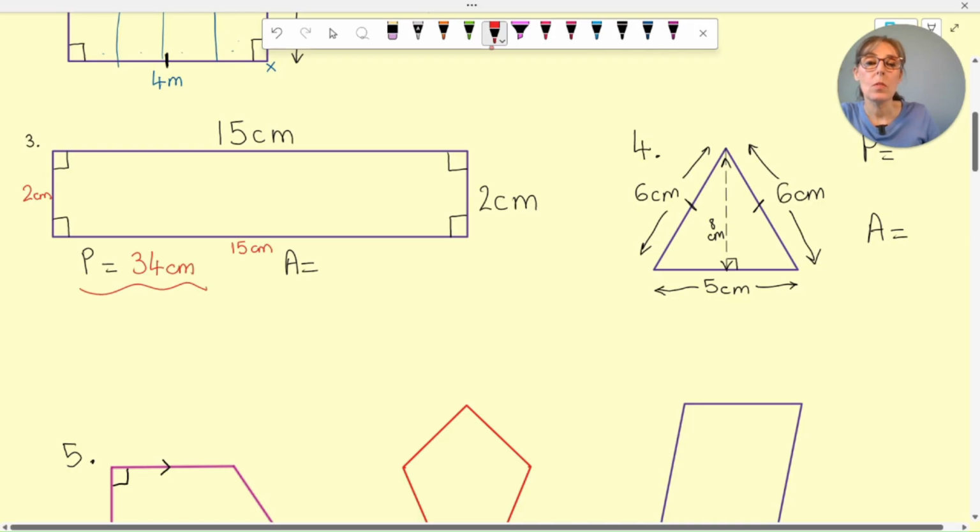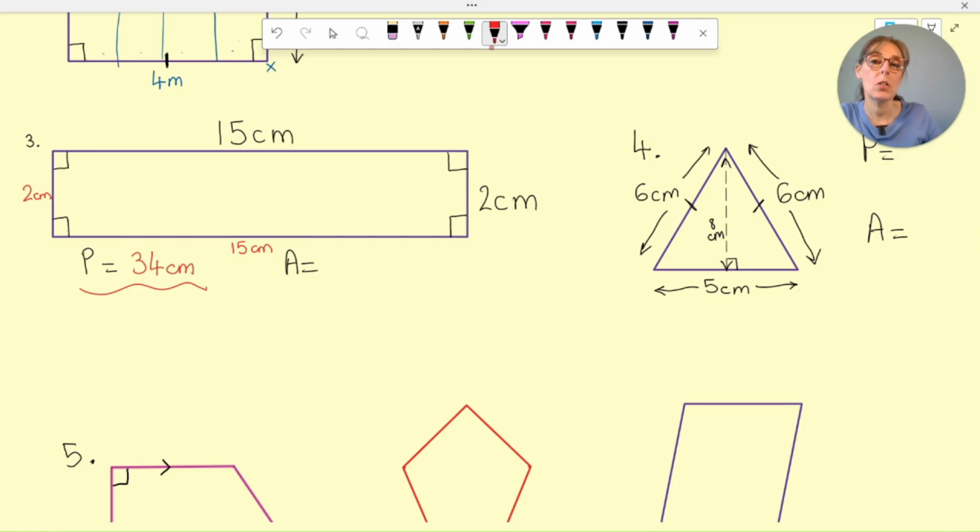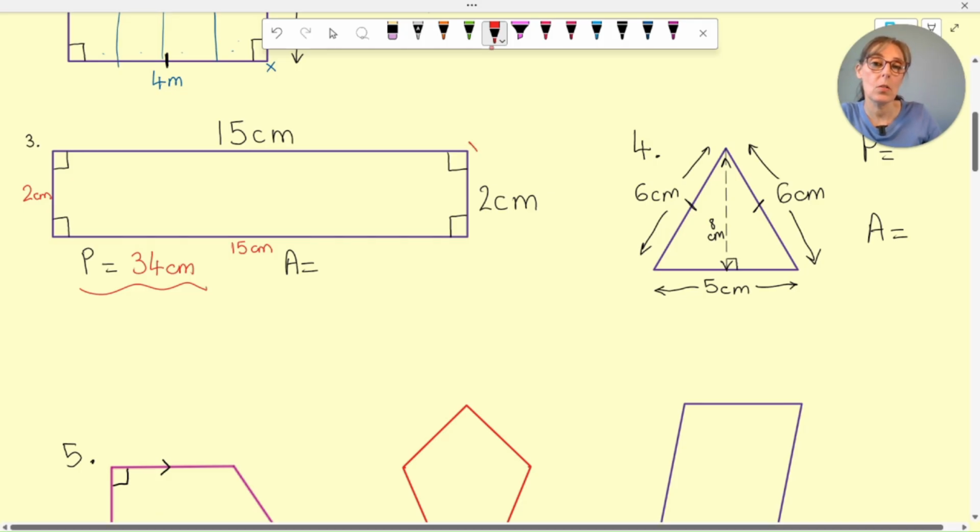Now, to calculate the area, we need to multiply 2 that are at a right angle. So I'm going to choose those two. And 15 times 2 is 30. Oh, it's not meters, is it? It's 30 centimeters squared.